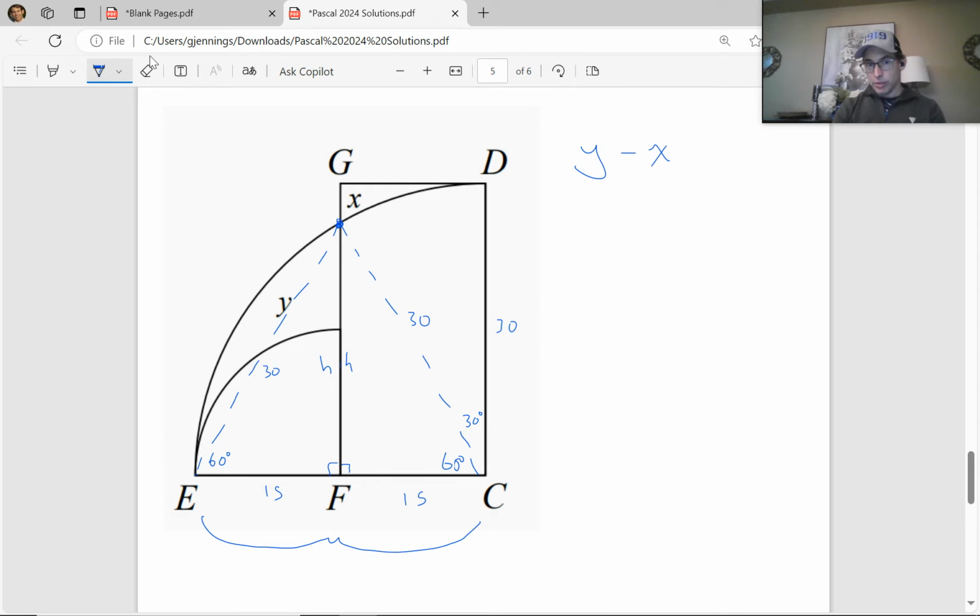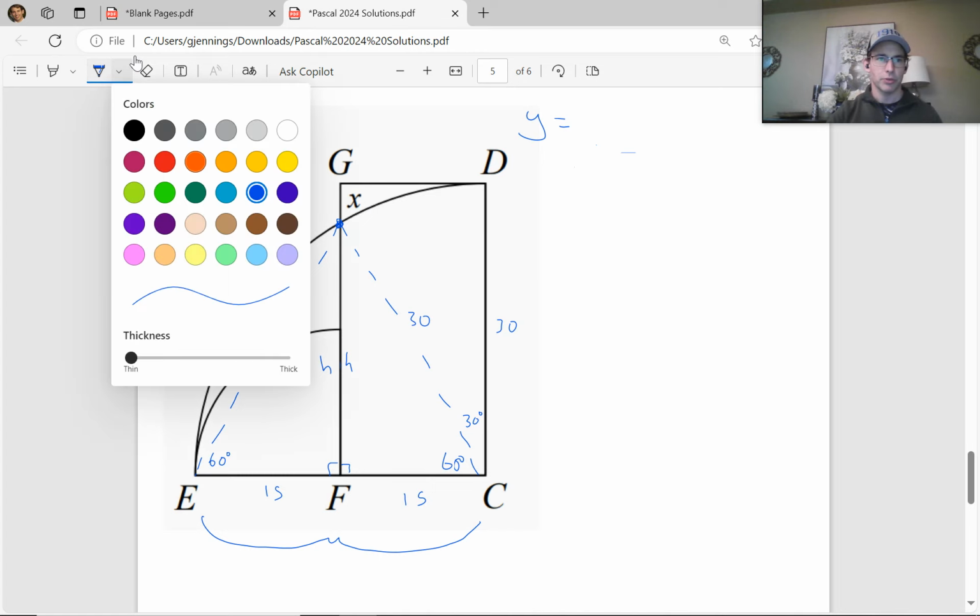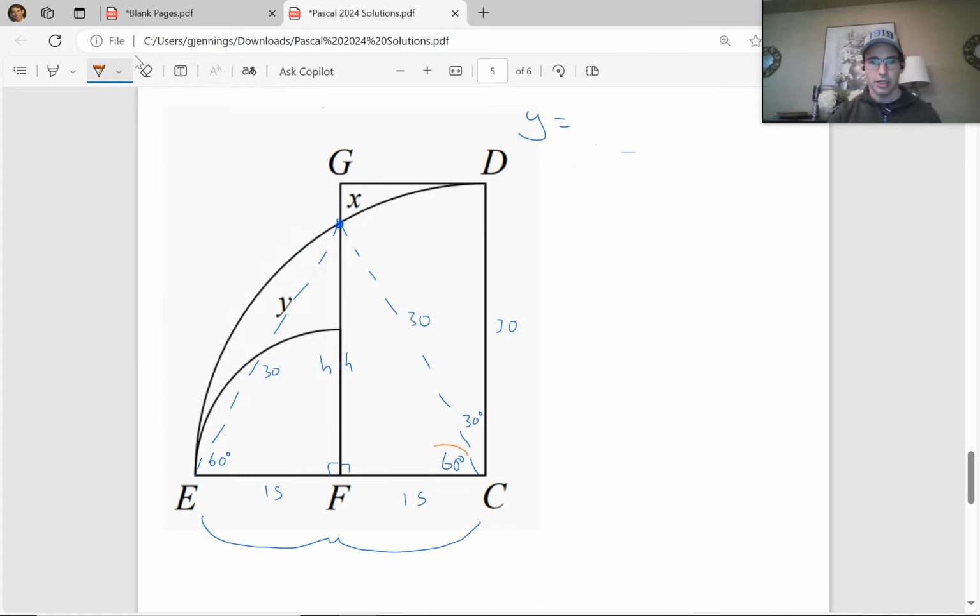Why is that important? Well, it allows us to calculate y and x, because now we can use circle sectors and find the area of different things that we're chopping out of other things. So we know we're looking for y minus x. Let's go ahead and calculate y first. So area y is equal to, okay, I'll do all this work in orange so that you'll see it clearly. 60 degrees of my circle is 1/6 of the whole circle, right?